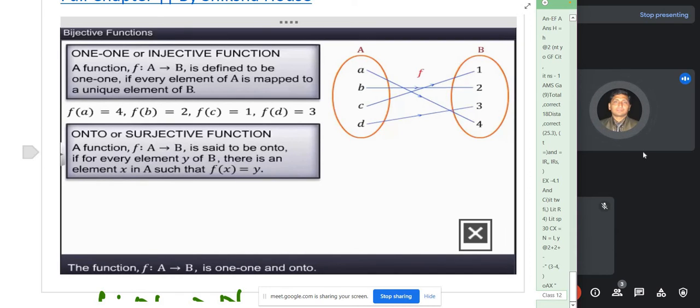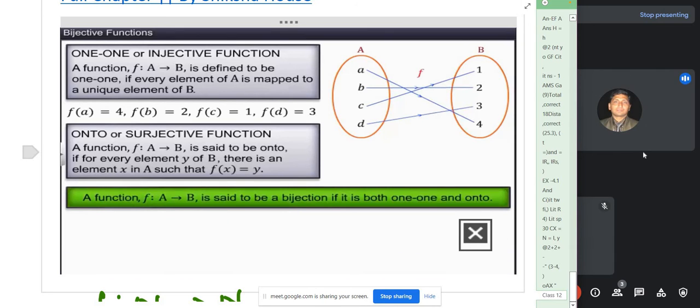Thus function f from A to B is both 1, 1 and onto. Such a function is also known as a bijective function or a bijection. Mathematically, a function f from A to B is a bijection if it is both 1, 1 and onto.